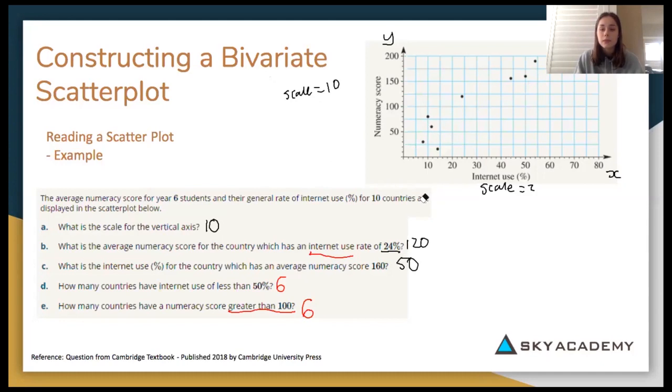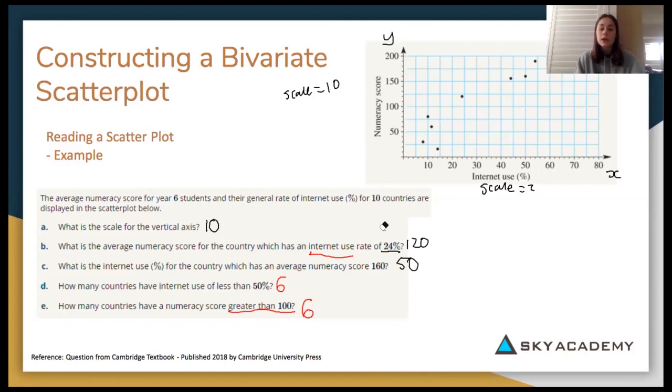So that's not the same for every single dot, but we can have a rough estimate that as we get more internet use, so as we're over in 80, 70, and 50, 60, we have a greater numeracy score than when we're over in the 10s and 20s internet use, which has a lower numeracy score.